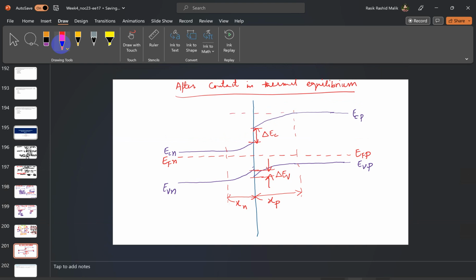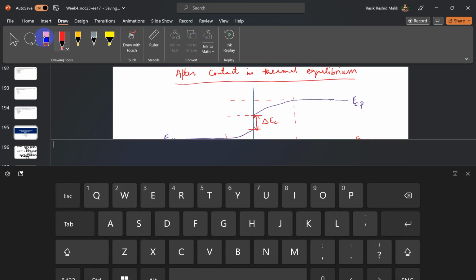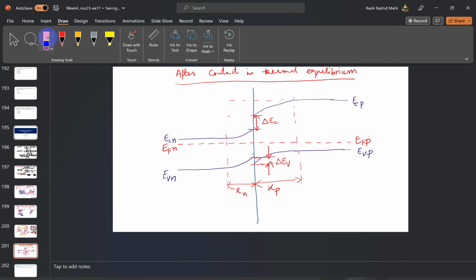This is the barrier potential developed corresponding to the depletion on the capital P side, and this is the barrier potential developed on the N side.